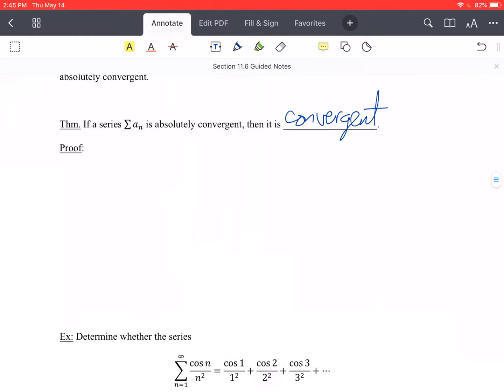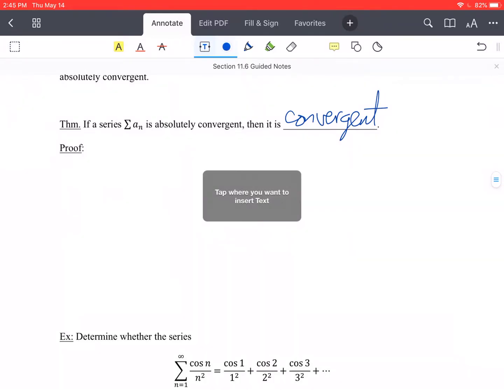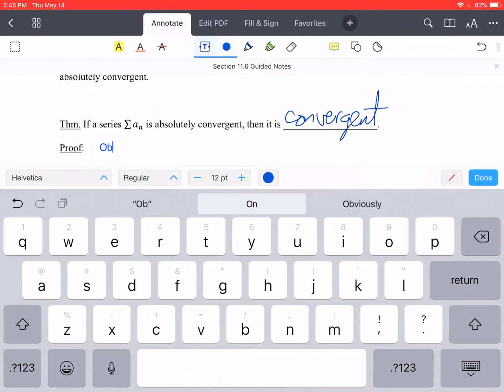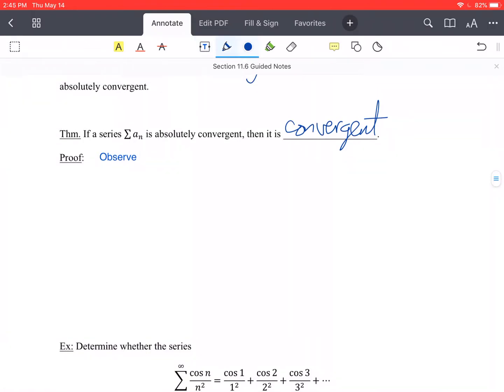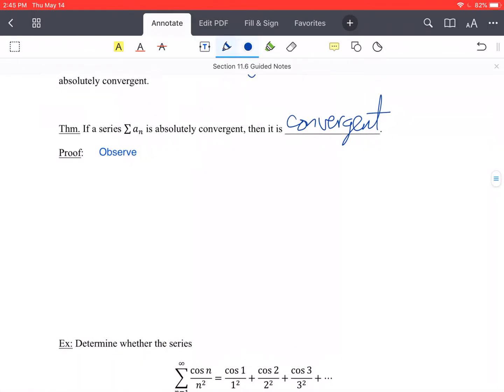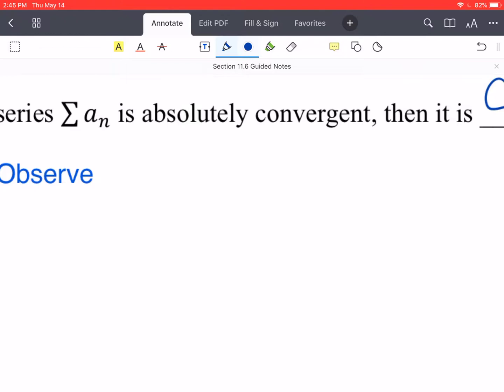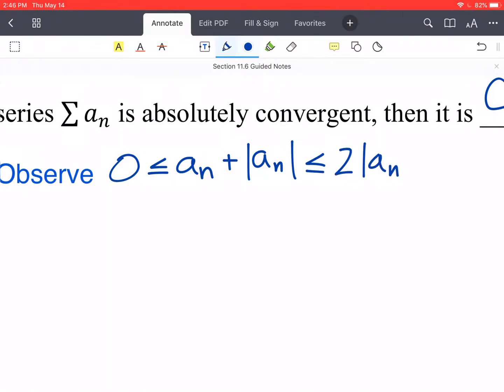So observe that 0 is less than or equal to the series plus the absolute value of the series, which is less than or equal to 2 times the absolute value of the series.